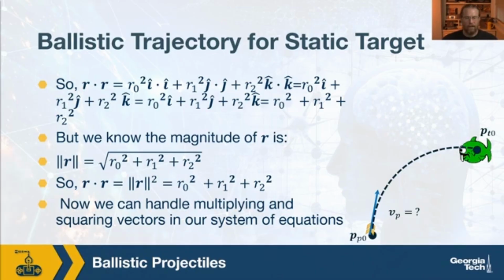And that looks an awful lot like the dot product of r dot r, because we're at r sub 0 squared plus r sub 1 squared plus r sub 2 squared. And if we look at the magnitude, underneath the square root, or the radicand, we've got r sub 0 squared plus r sub 1 squared plus r sub 2 squared. So it's exactly the same thing.